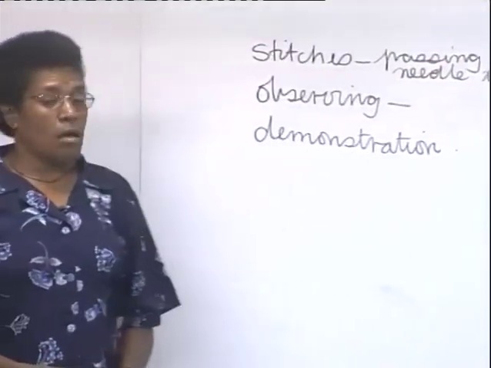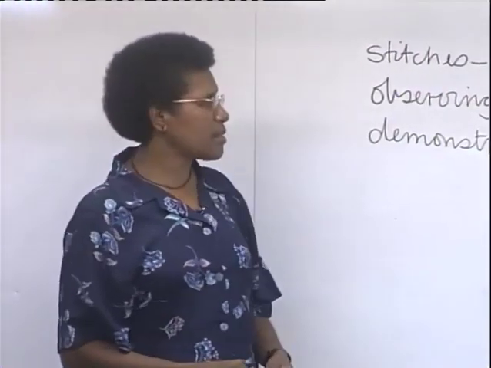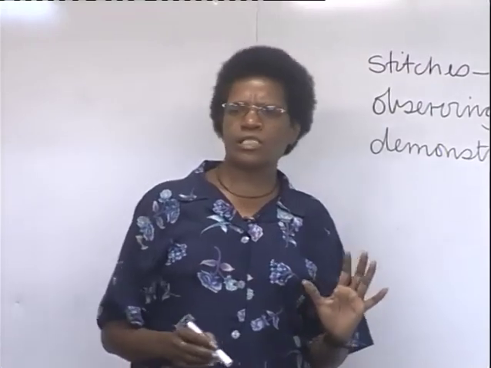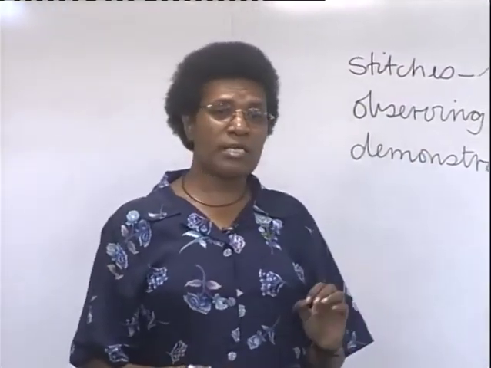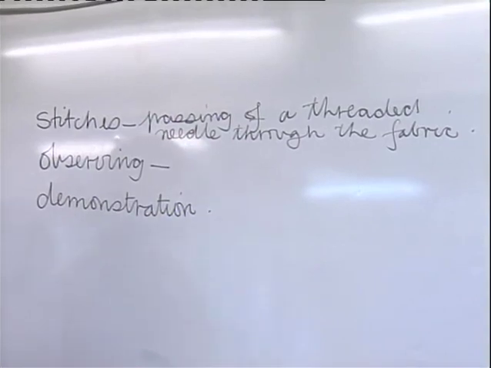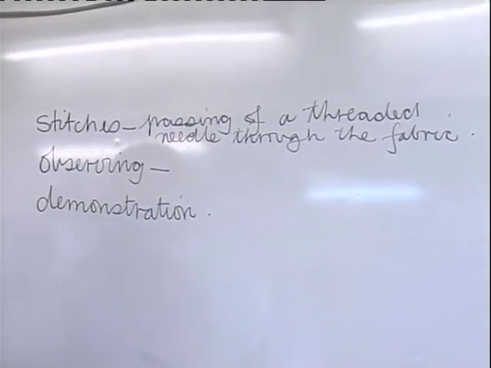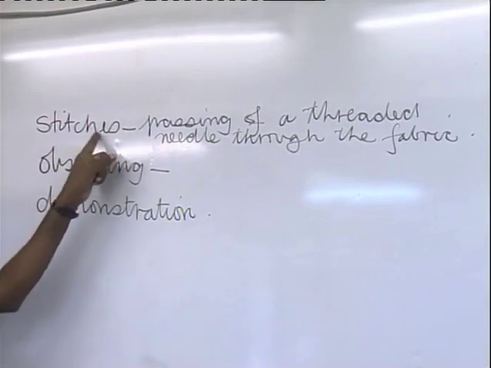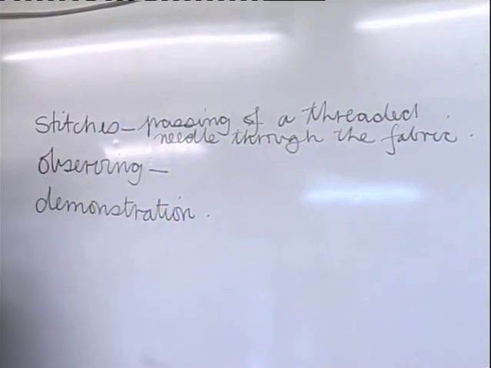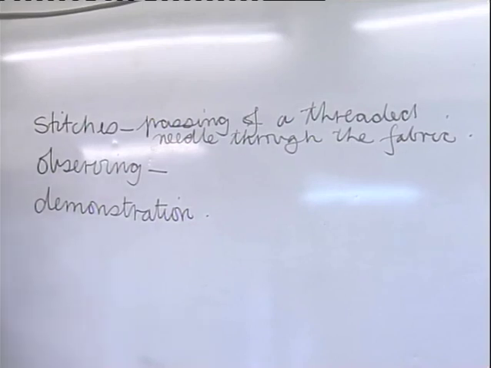Stitches, or a stitch, is the passing of a threaded needle through the fabric. The threaded needle already has thread on it. So once it's passed through the fabric, it makes what? Makes stitches.